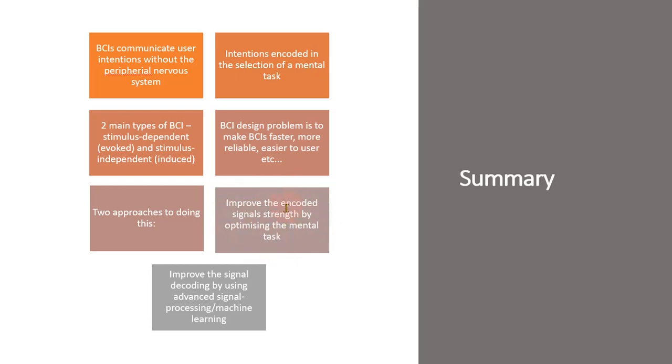Or improve the signal decoding by using advanced signal processing and machine learning. In this case, given data, we come up with novel signal processing and machine learning algorithms to improve signal decoding and classification. While in the other case, we come up with a novel experimental paradigm that allows us to improve signal strengths and use simple algorithms for decoding.